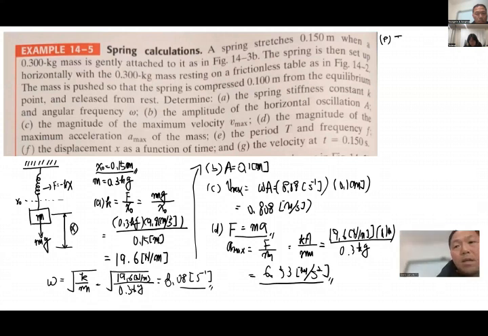And E, the period T is 2 pi square root of m over k. So here it should be 2 pi times the square root of 0.3 kilogram, and the denominator should be 19.6 Newton per meter.